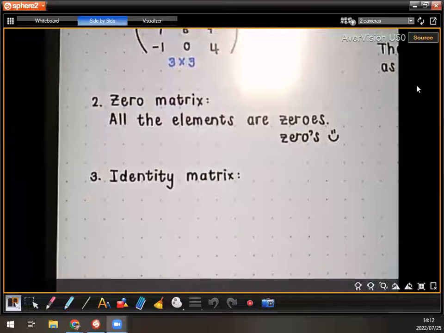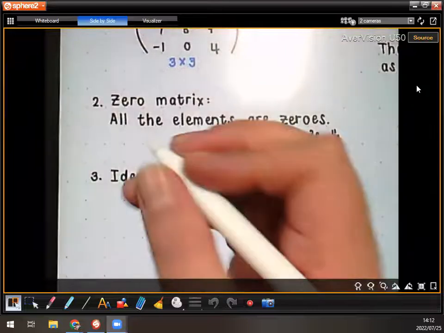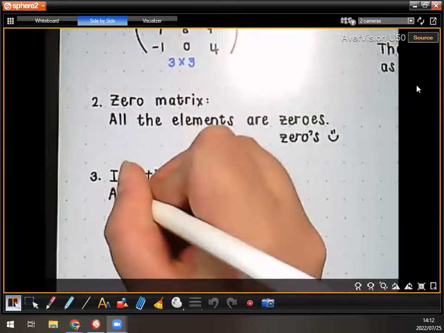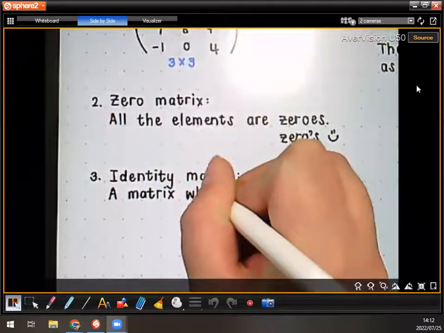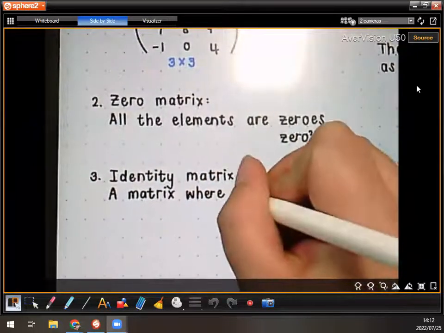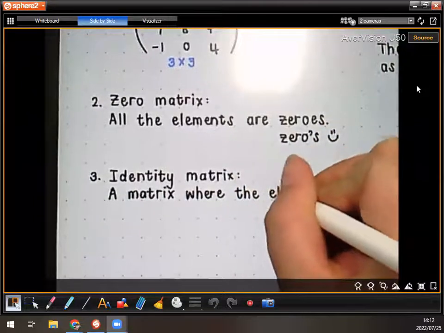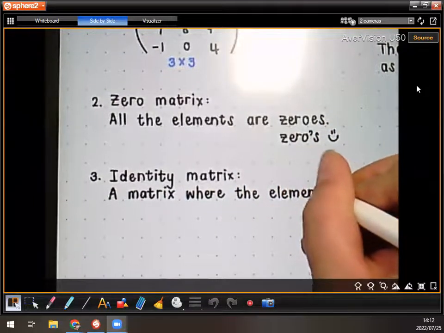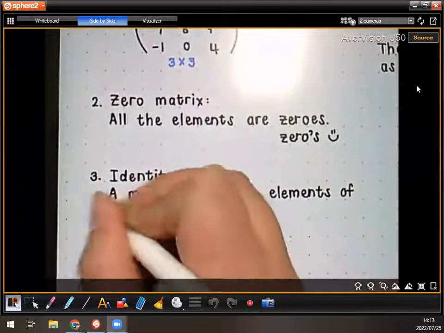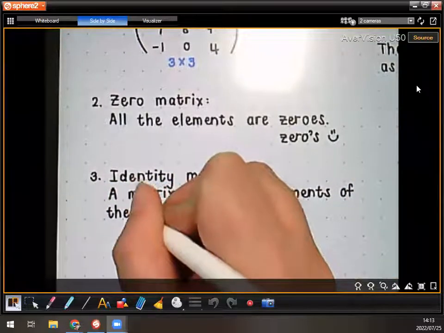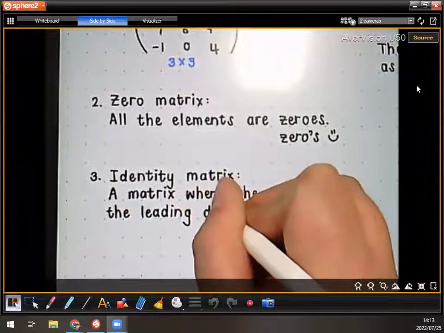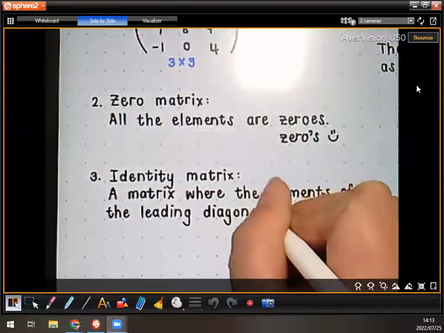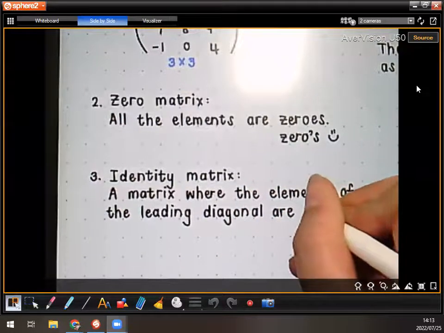Okay, number 3, identity matrix. Have we looked at this? The identity matrix is a matrix where the elements of the leading diagonal are 1.